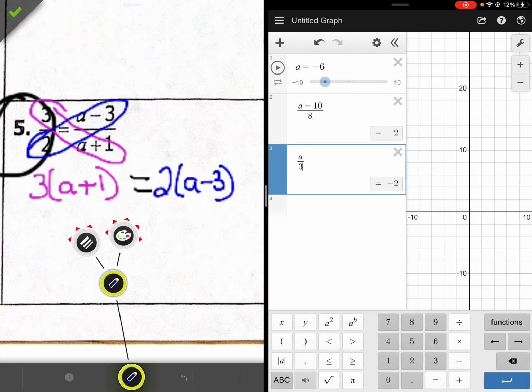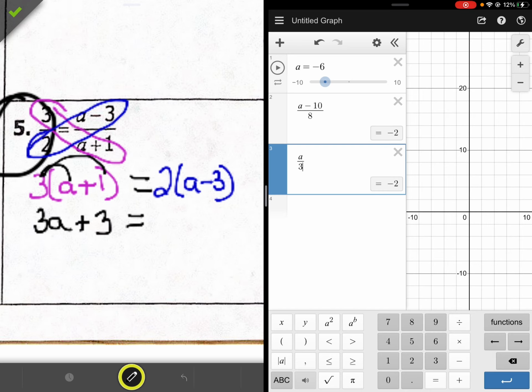Now we have to distribute. We got to get rid of those parentheses before we start trying to do anything else to our equation. 3 times a. 3 times 1. Now we got to do the same over here with the 2. 2 times a. 2 times 3.